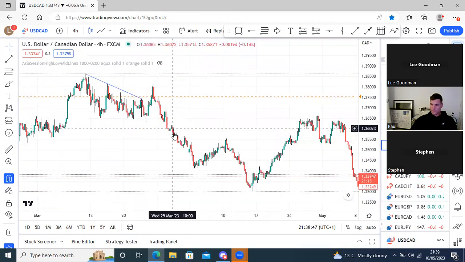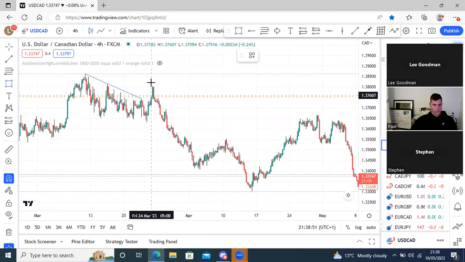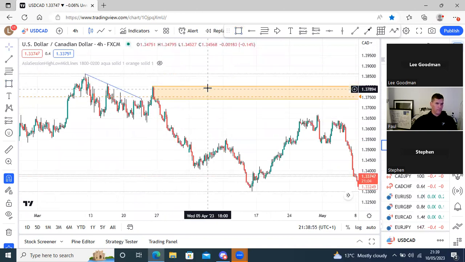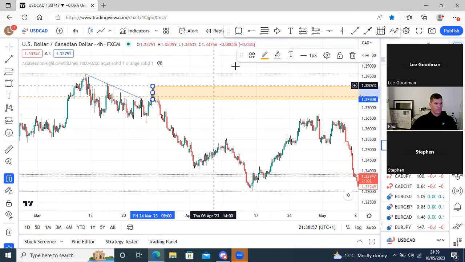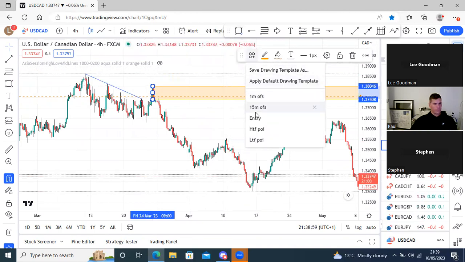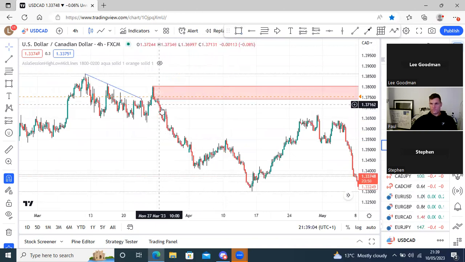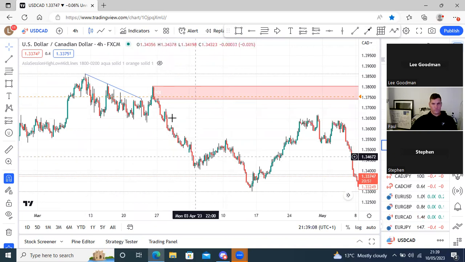Once it's broken the structure after a sweep, I would then look for a couple of key areas around the top of the actual move. A lot of the time you get a little up candle here before the continuation of the move.